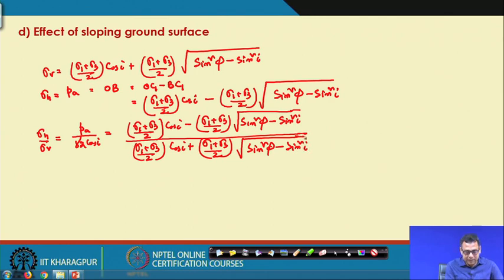So, I can write σh as pA, and I can write σh also with this expression, okay, and I can write σv is equal to γz into cos i, also I can write σv with this expression. So, I have written that.